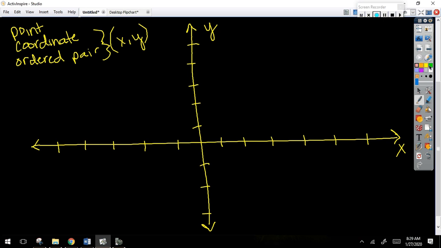Plot the point (1, 3). So over one. Tell us what you're doing. That's right. Over 1. Put the point on there and label it for me so we know. Okay. Good job.